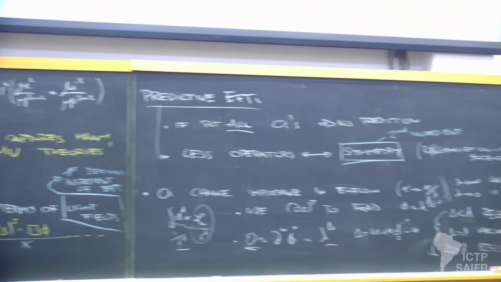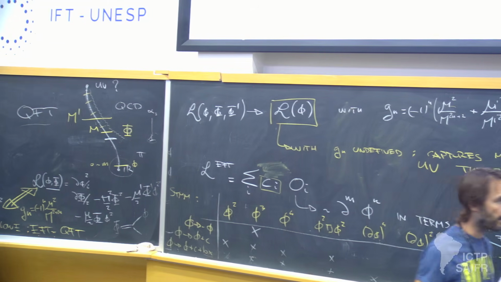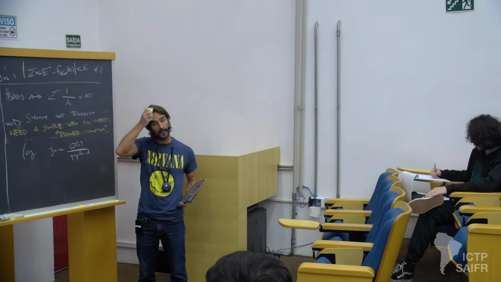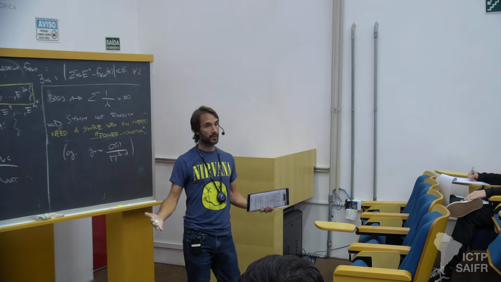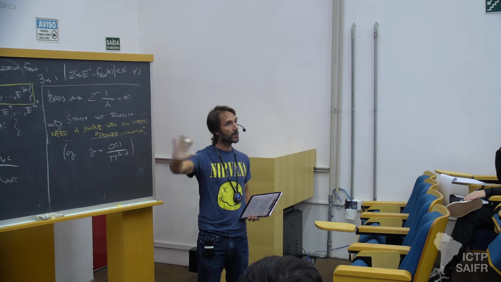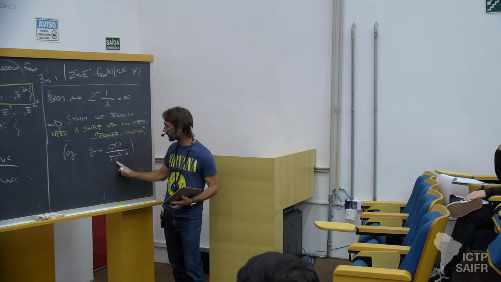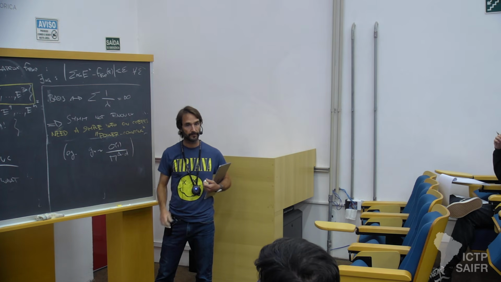Power counting depends on the full underlying dynamics, but is a minimal piece of information that makes it all the way to the effective field theory. In this course, I'm not going to go very much into this power counting. The only thing I'm going to tell you is that we're going to use power counting just as a rationale to say what terms we focus on in the Lagrangian and which ones instead we assume to be small because they're suppressed by more powers of m and coefficients that don't get too large, okay?